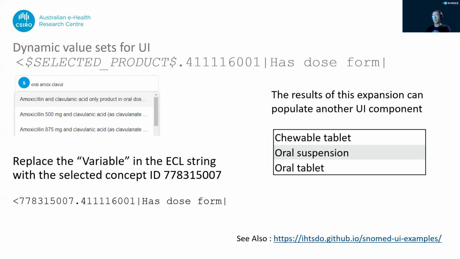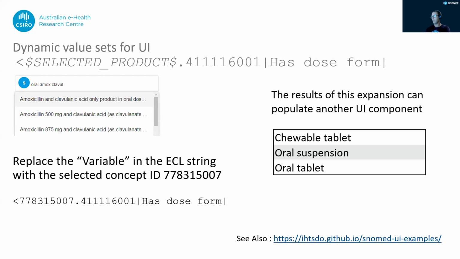So an example might be if we've got a prescribing system and the user's just searched and they're going to select, say, an amoxicillin and clavulanic acid product. They select that and they're not sure what dose forms are available. You can take that concept ID, insert it into the ECL query, and then you get another expansion here that will show you the dose forms that are available for that product.